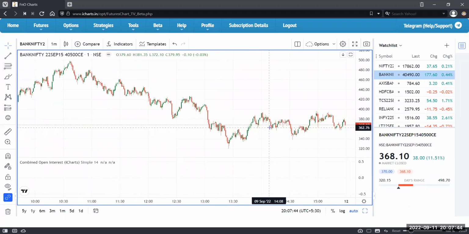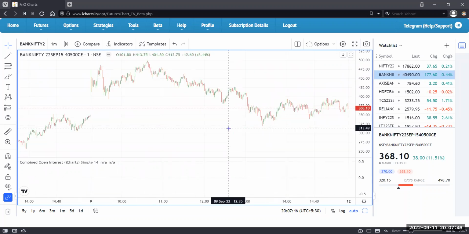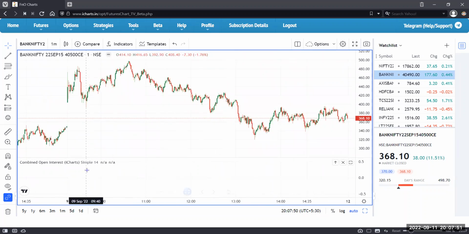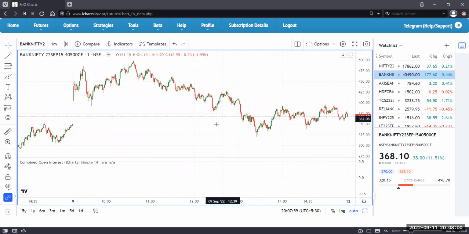There are different things that you can monitor using this. So it is mostly for very long positional trades. I don't think it is useful for anything significant for intraday. For positional, there are ways to use it.